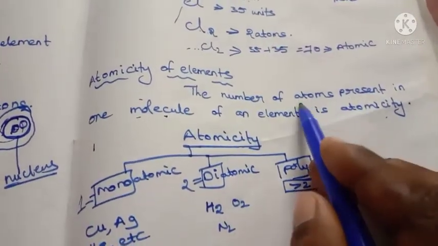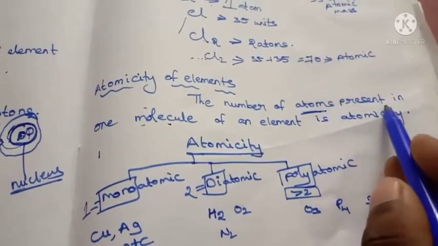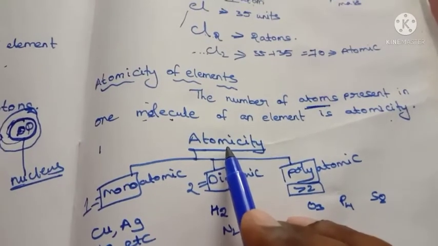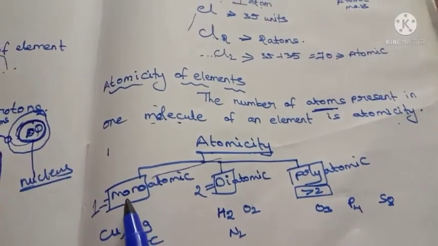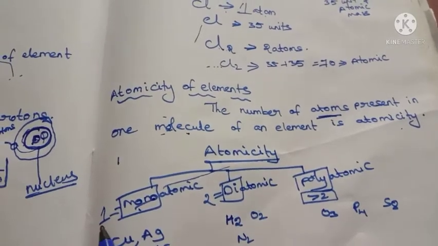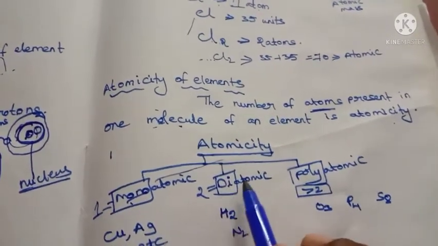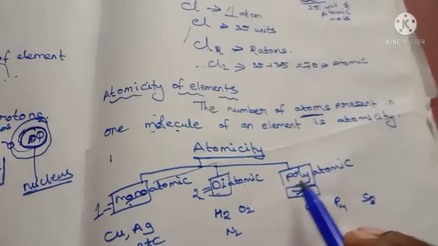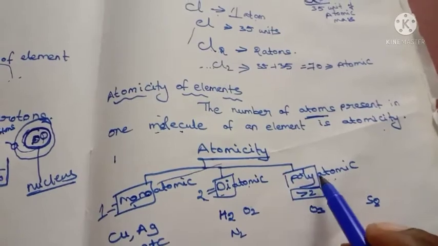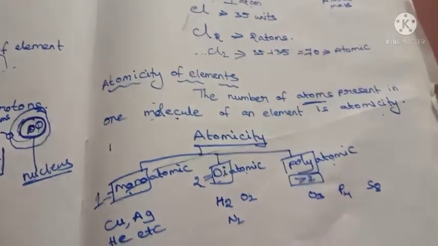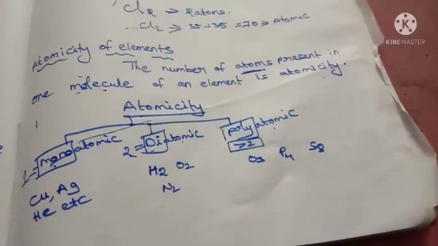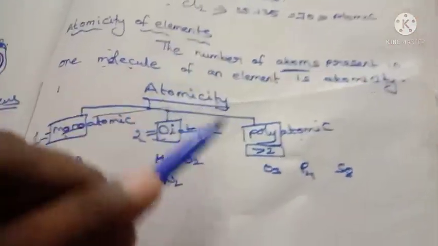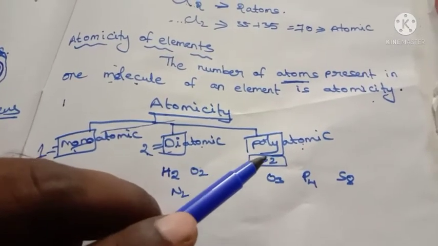Atomicity is divided into three types: mono, that is one; diatomic, that is two, di means two; and the third type is polyatomic. Polyatomic means greater than 2.